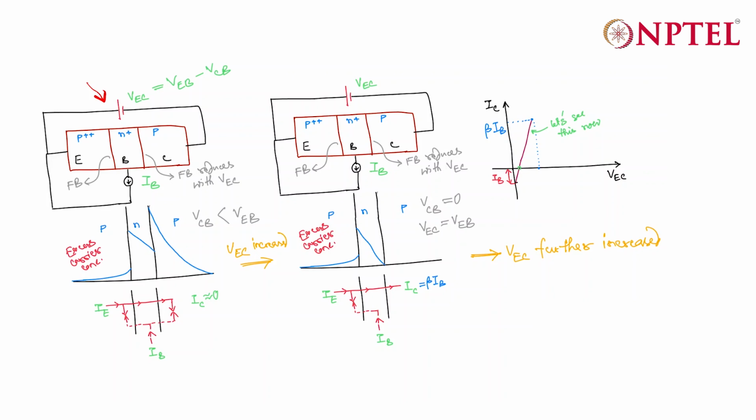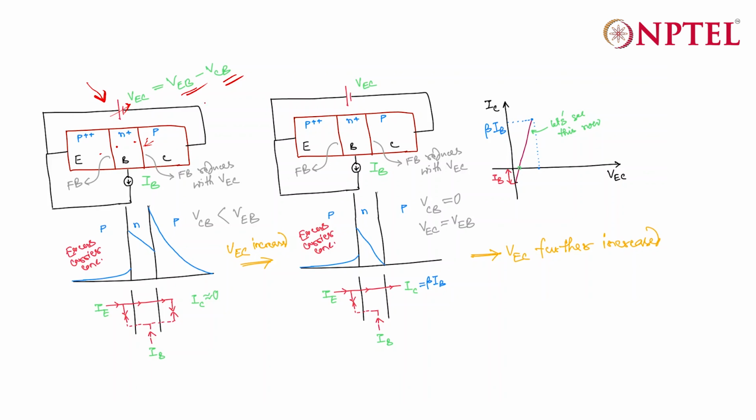Now the moment you have a voltage source, and if you start increasing the voltage, then your forward bias in the collector junction, or base-collector junction, will reduce with the increase in VEC. Now your VEC is nothing but VEB minus VCB. So this is what your VEC value is.